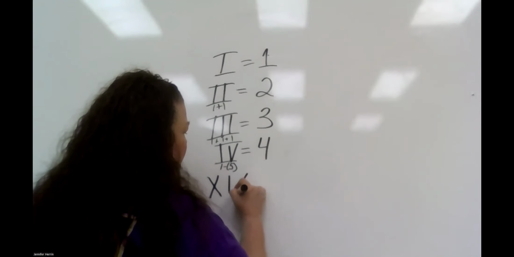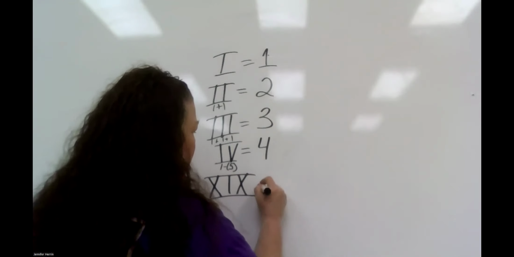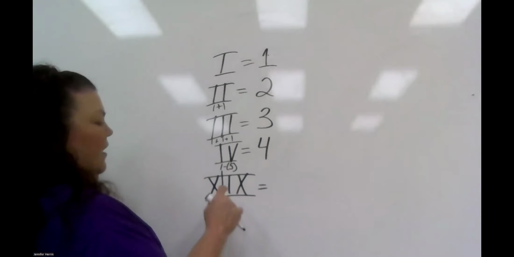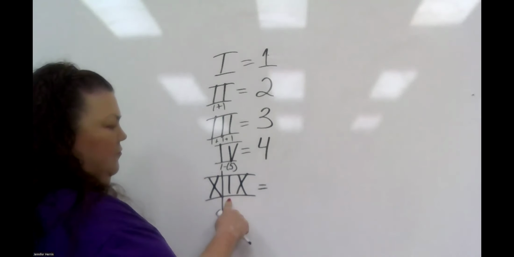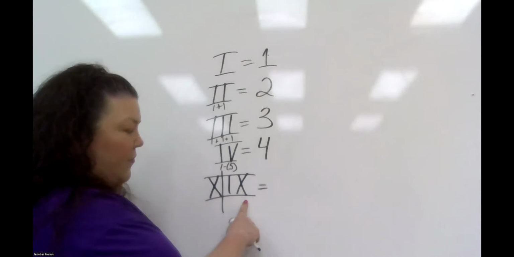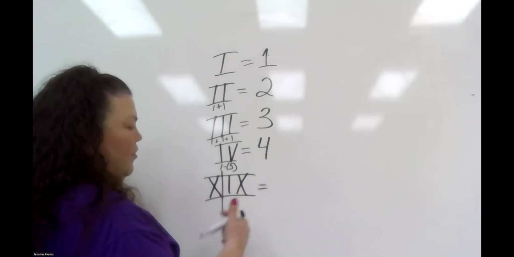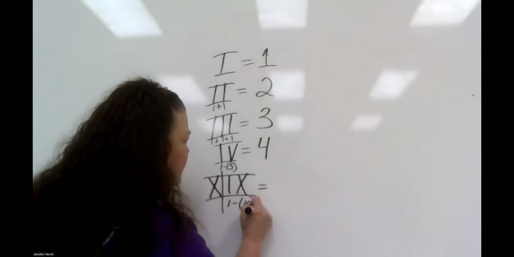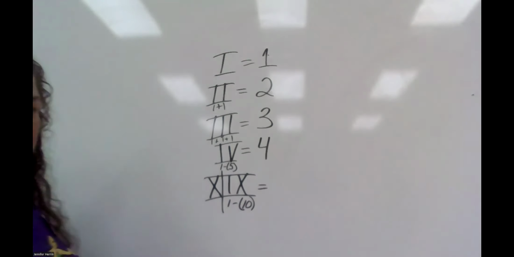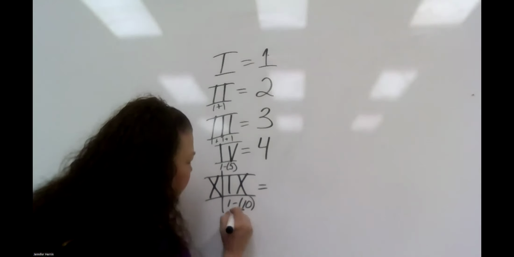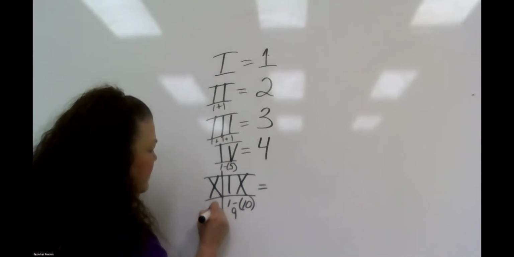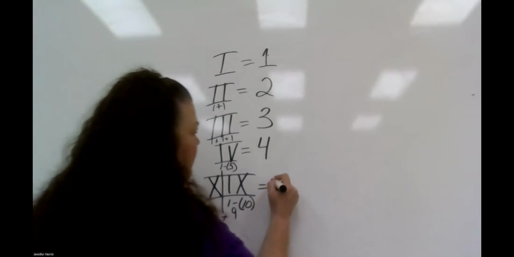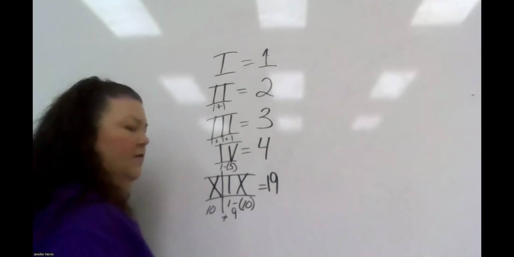So if I put XIX, basically what they're saying, here I have a smaller numeral in front of a bigger numeral, and it is in between two numerals of larger value. So I need to perform this subtraction. If I take 1 from the 10, it leaves me with 9, and this is 10. So now I can do my addition. 10 plus 9, that is your Roman numeral for 19.